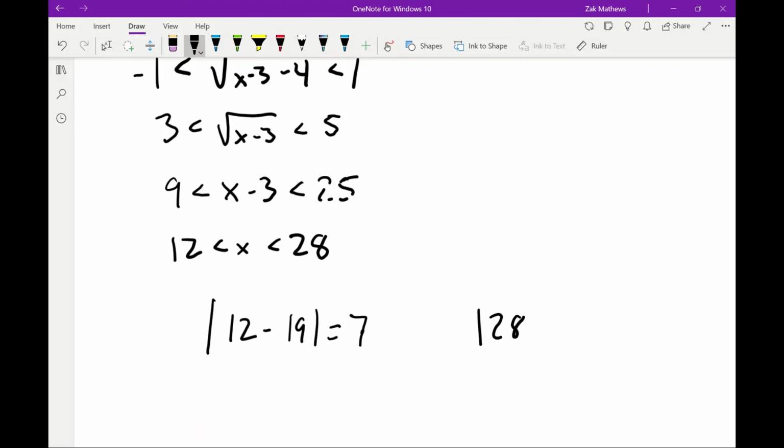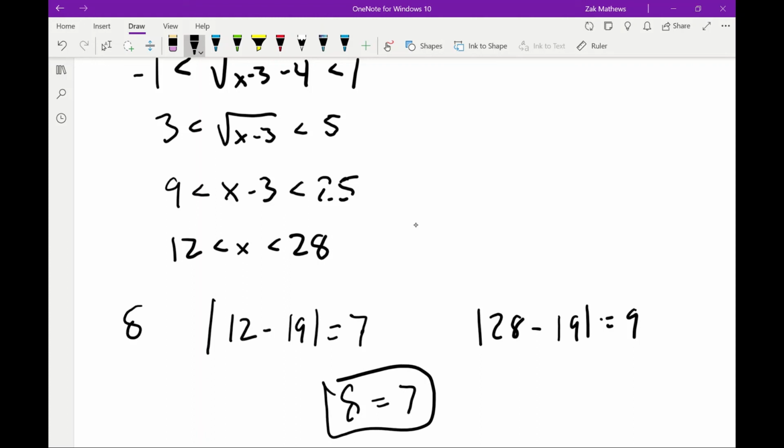I'm going to take the 28, we're going to subtract 19. When we do that, we just get a 9 this time. And so we need to choose the one that is going to keep us inside that region. We can't choose the larger number because the larger number would take us outside the region. We want to stay inside that region. So for that reason, we need to choose the delta to be equal to 7.